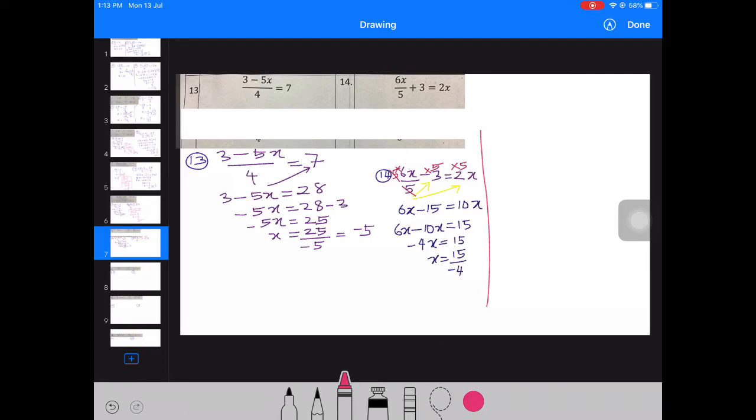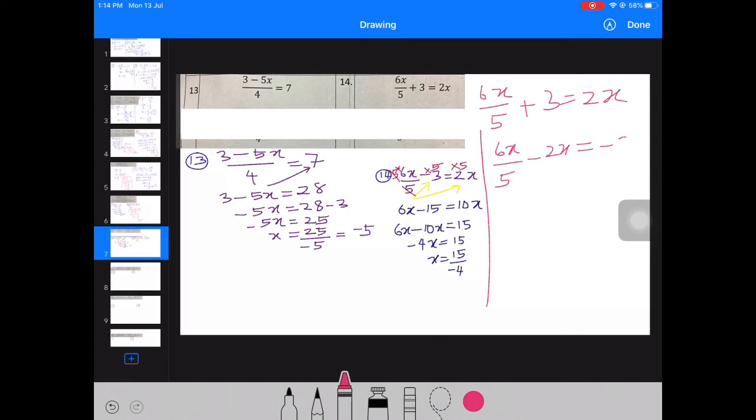For number 14, we can group the like terms first, because here we can see that you have 6x over 5 minus 3 equals to 2x. So x is on the left and on the right. So you can just group the like terms. 6x over 5 minus 2x, and the term with no variable, you just bring to the right.